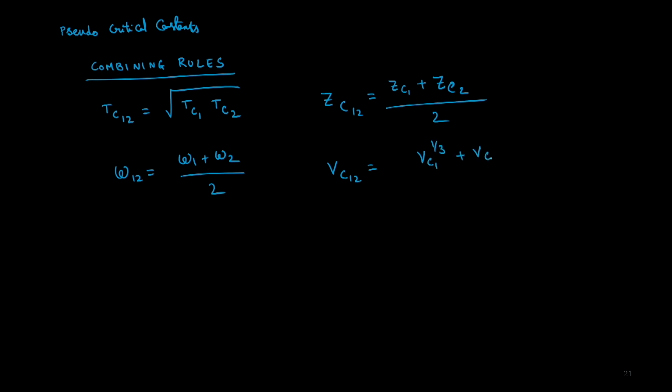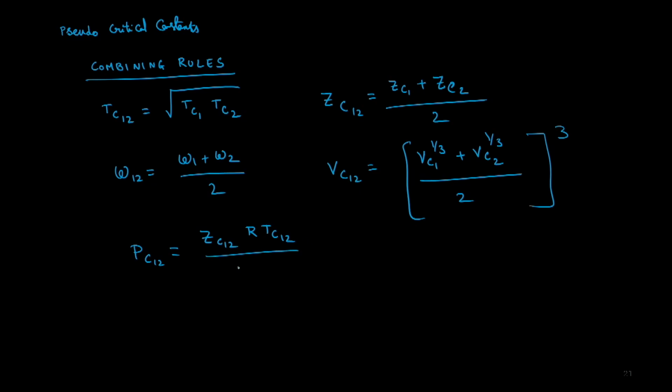Essentially, we are taking some sort of an arithmetic mean of the size of the particular molecule we are considering. And finally, Pc12 is, since PV is ZRT, Pc12 will be given by this equation here. So these are the empirical combining rules we use if we don't have any experimental data to calculate B12.